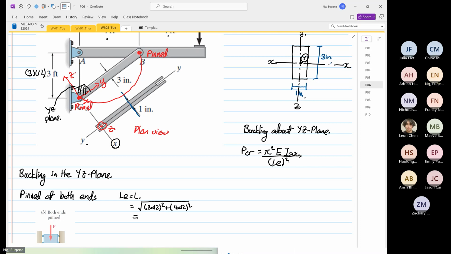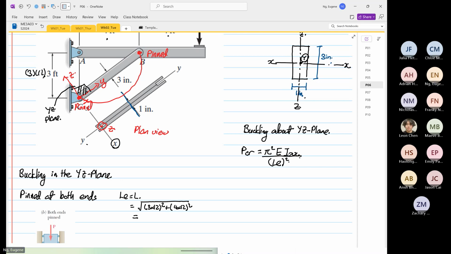So 3 times 12 squared plus 4 times 12 squared, square root.